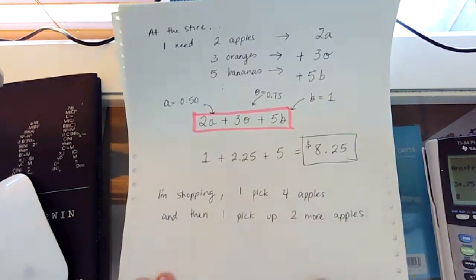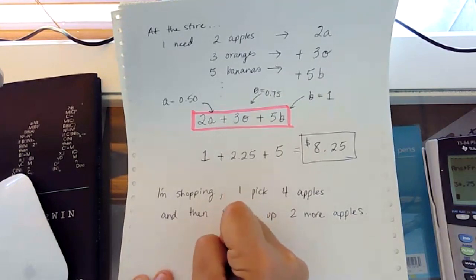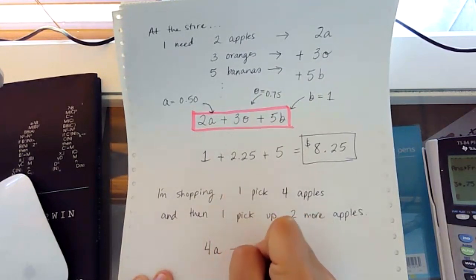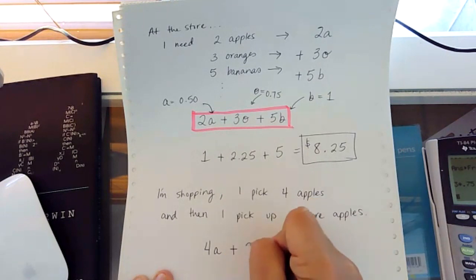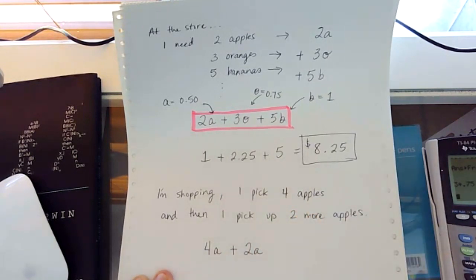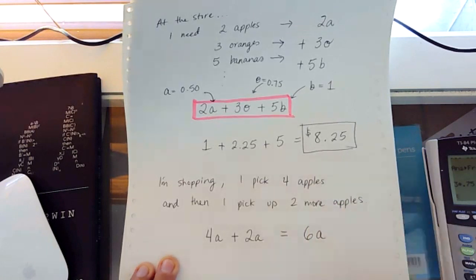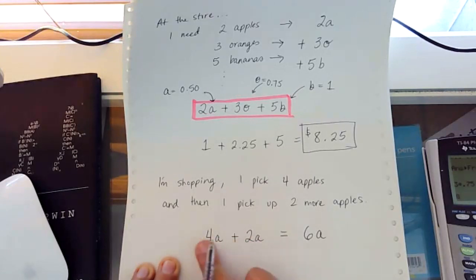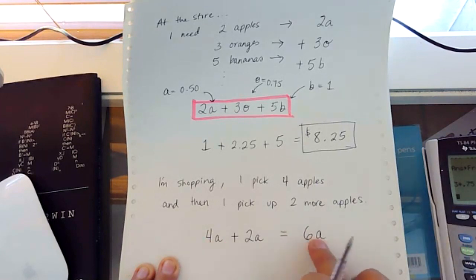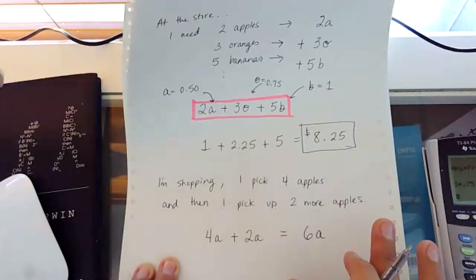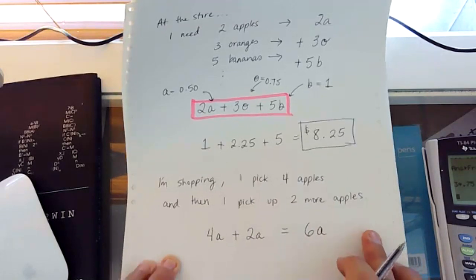Well, if we want to turn this into a mathematical expression, we could say I had 4 apples and then I pick up or add 2 apples to my cart. Well, how many apples should I have? 6. Yeah, 6 apples. So when we add variable terms, as long as they're the same kind of term, the same kind of quantity, I can add those together and just attach that variable to them because we're only talking about apples here.